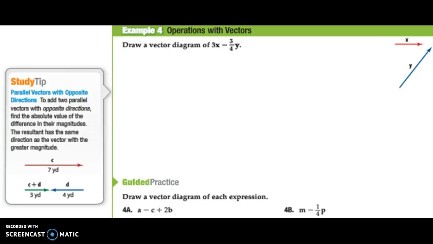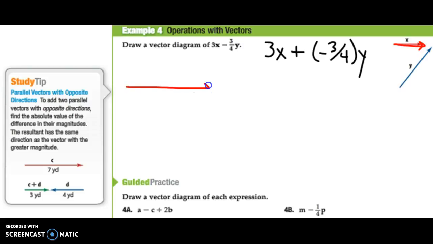It says, draw a vector diagram of 3x minus 3/4 y. First we actually want to say 3x plus negative 3/4 y. If my x right here is, let's say, 2 centimeters, my 3x is going to be 2, 4, 6 centimeters.